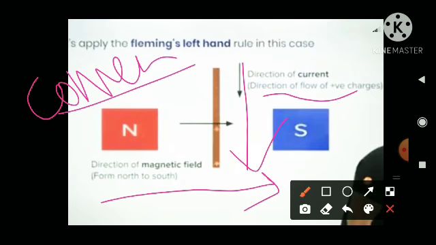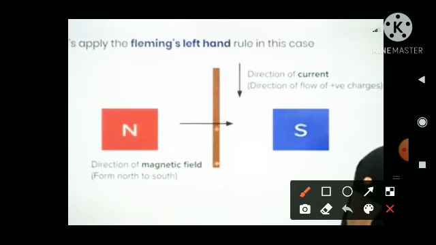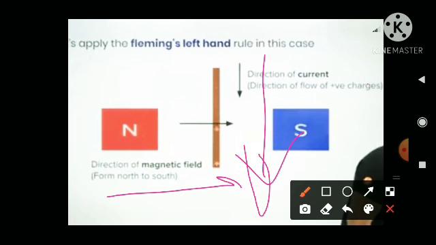So let's move on. The direction of current is downwards and the direction of magnetic field is north to south. The current stands for the middle finger, so the middle finger is downwards. Then the magnetic field is along the index finger, west to east.